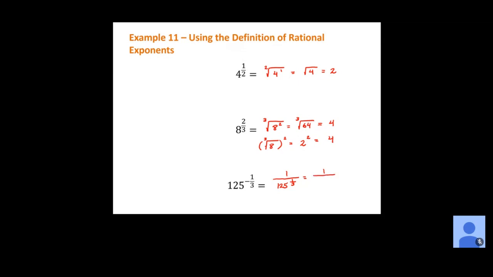So we have 1 over cube root of 125. And technically, that's to the first power, right? So if you want to put that 1 there just to remember. But what is the cube root of 125? Just 5. Good. So we have our 1 in the numerator. We have our 5 in the denominator. So this all just simplifies to 1/5.